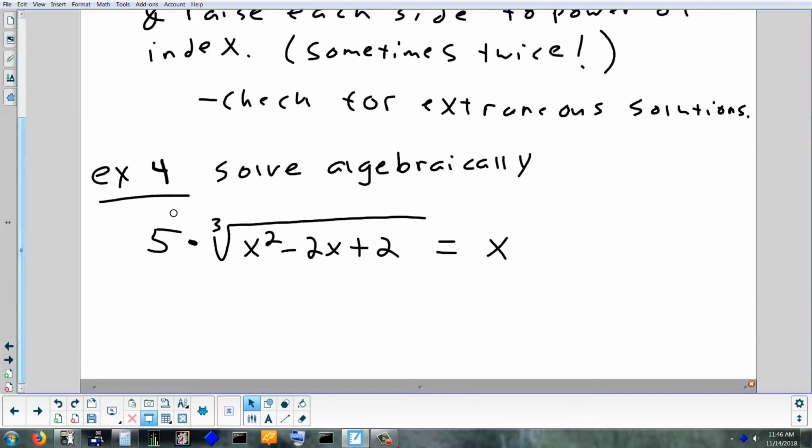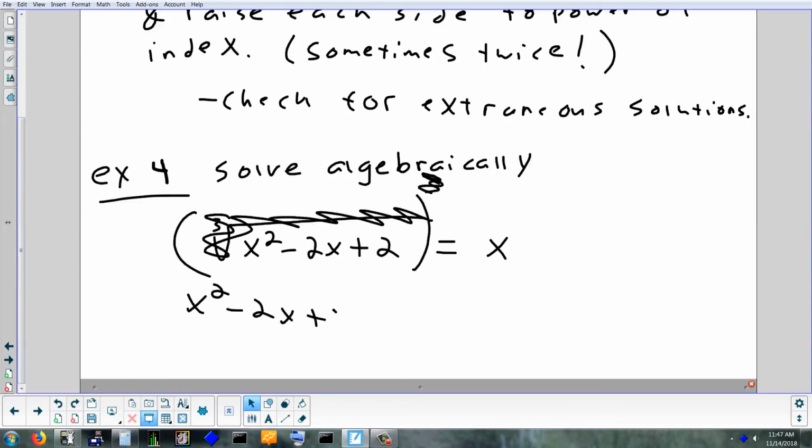It's already by itself. So I've got a cube root. What am I going to do to both sides to get rid of the cube root? I would cube it. So I'm going to cube this. That's the easy part. This and that all cancel out.